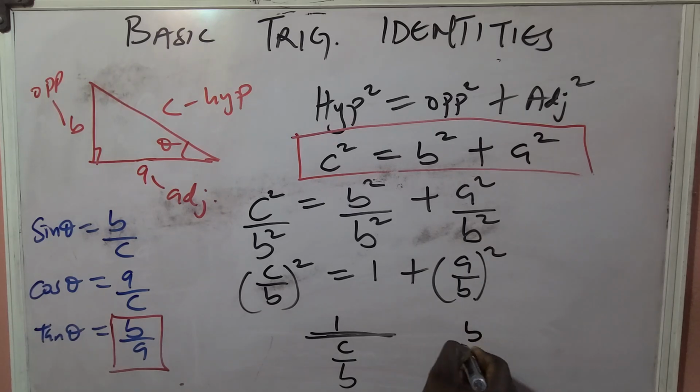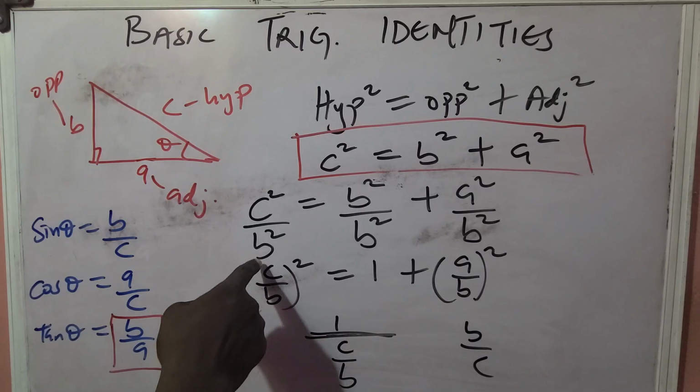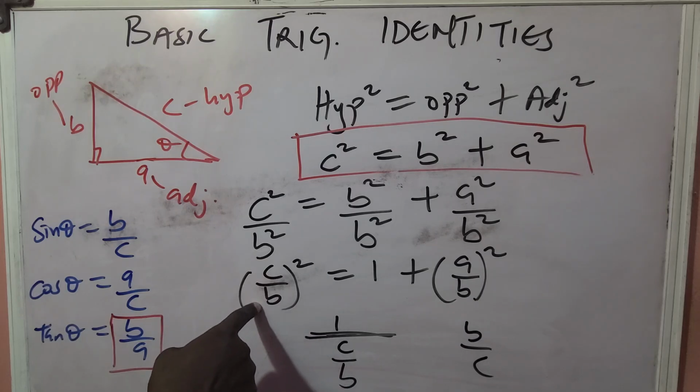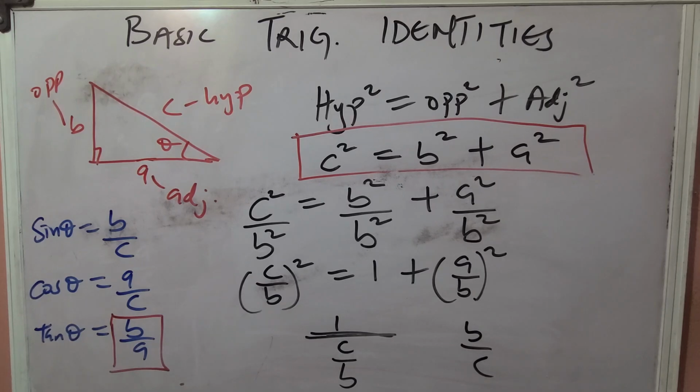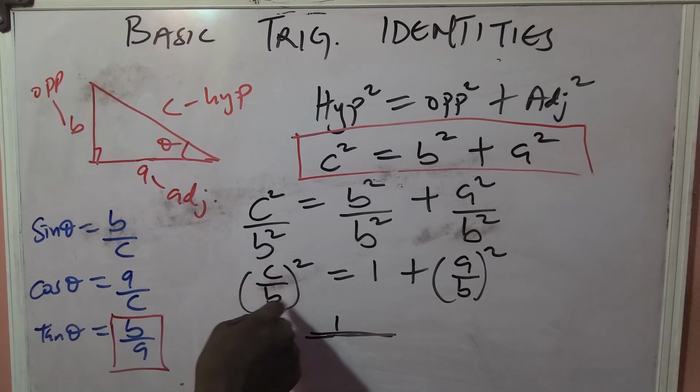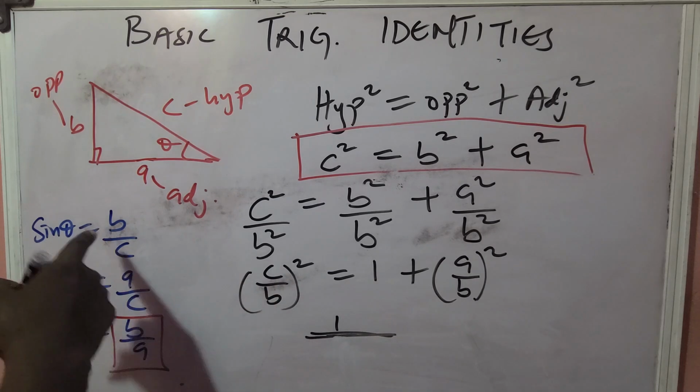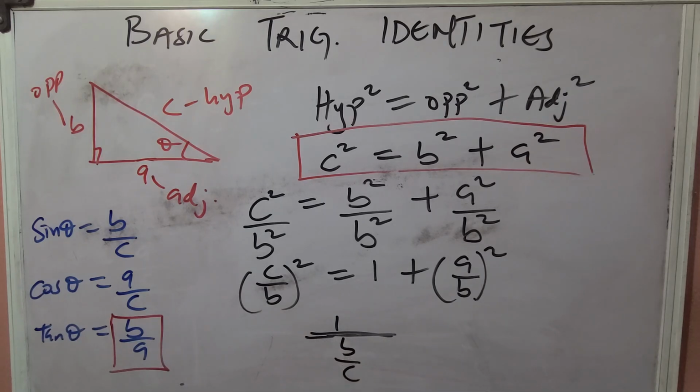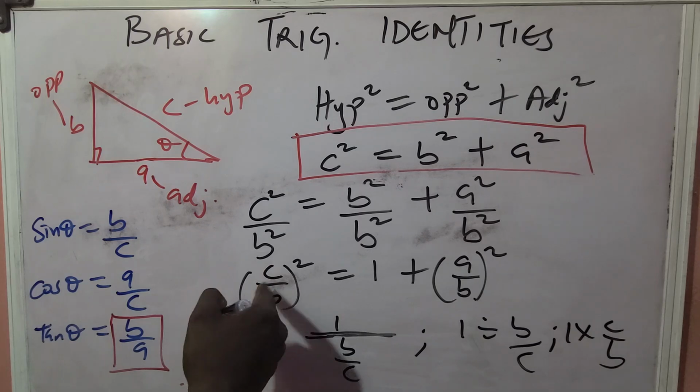This will be b over c. Or probably we move in a different route so that you would understand better. Don't forget, this is what we're trying to get. So if we do 1 over b over c, that will obviously give you 1 divided by b over c, and that will be 1 times c over b, which is what we have here.